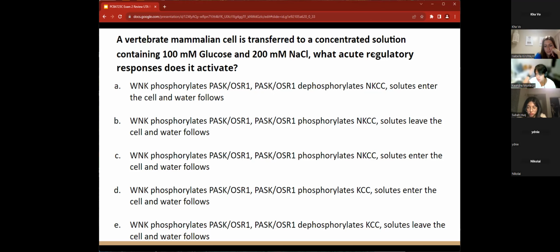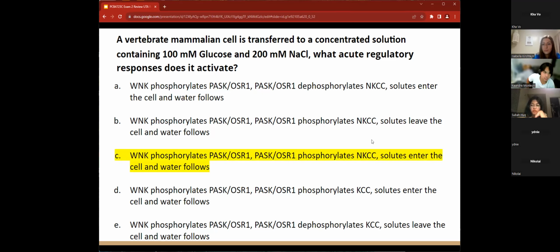Anyone have any guesses? Remember that a vertebrate mammalian cell has an osmolarity of 300, so that can help. Anyone? No? All right, if not, we can just go on to the correct answer, which in this case is C.